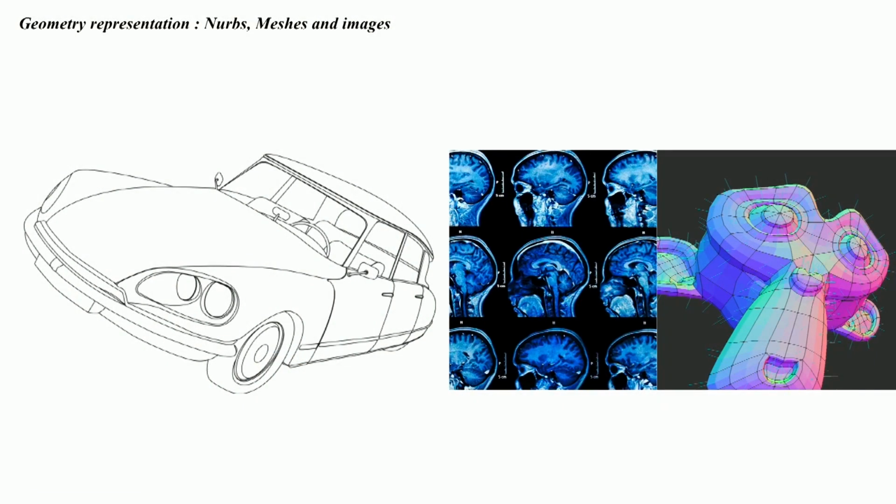Just a brief background: in the 20th century, there was increasing use of NURBS borrowed from the automobile industry. And as most of you will know, there are 3 major ways to represent geometry on a computer: NURBS, meshes, and images. NURBS comes from the automobile and aviation industry, and architecture inherited this from that industry predominantly in the late 20th century.